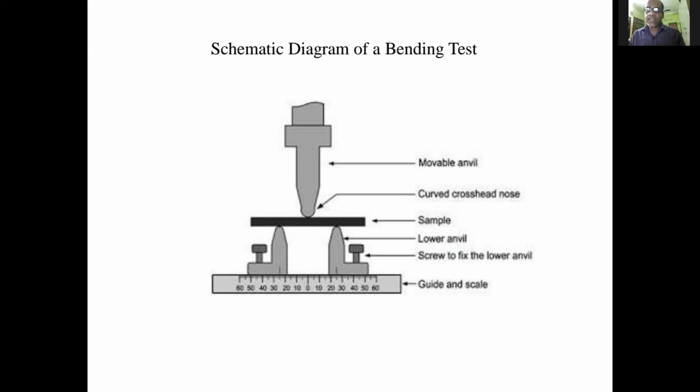In the lower part of the job, there are anvils which support the job as if it is simply supported at the two ends. And there are some gauges and scales to measure the strain rate, etc.